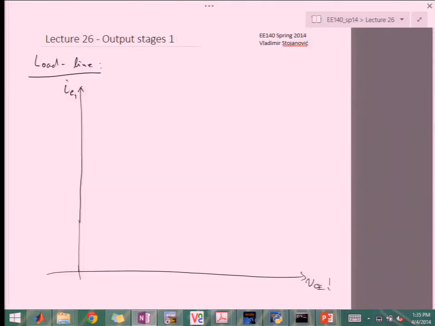If you look at the equations for our Q1 device, VCE1 is just VCC minus the output voltage. And then VC1 would really be VCC minus the output voltage, which is really the collector current minus IQ times RL.